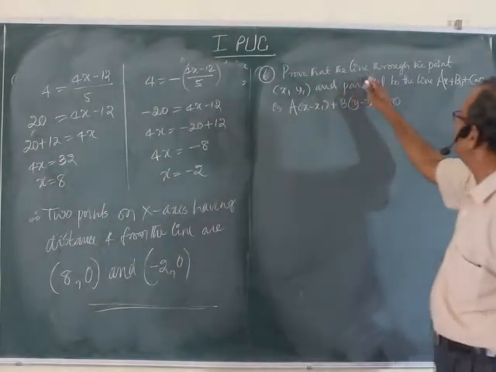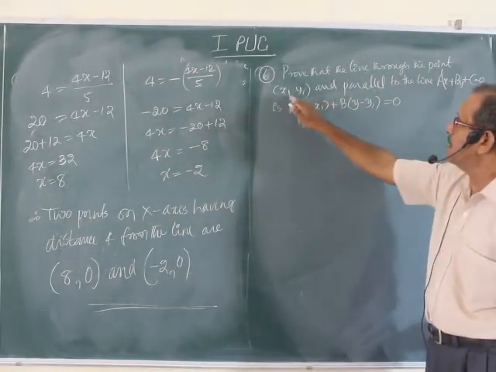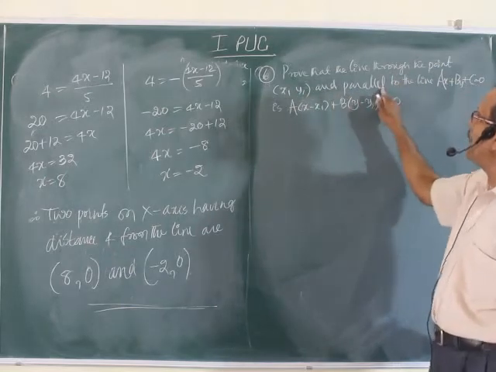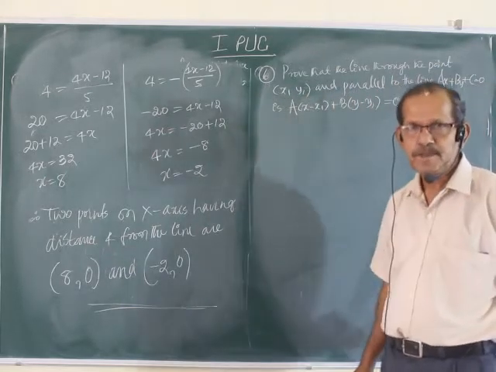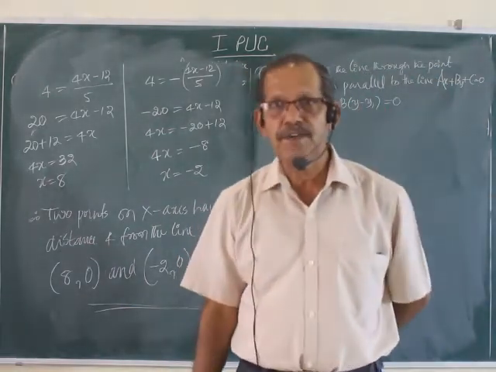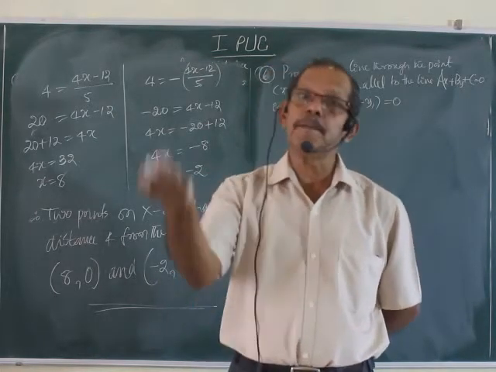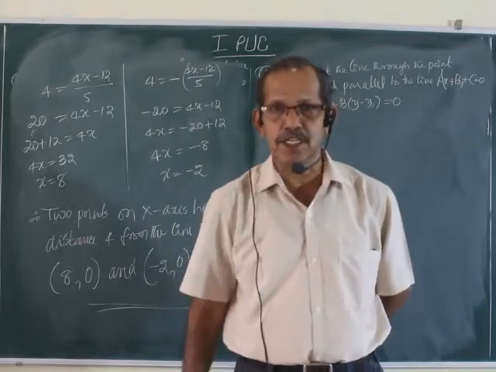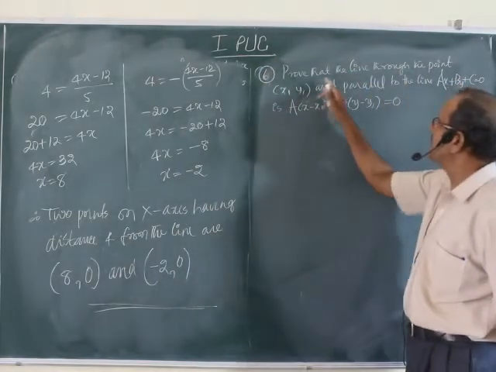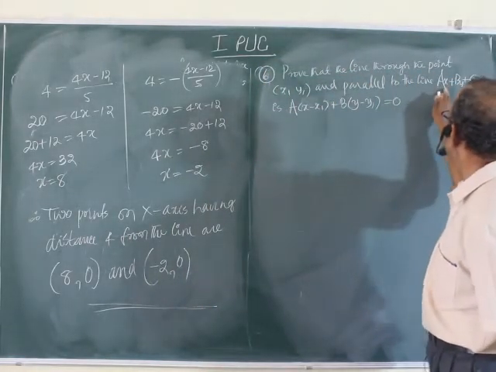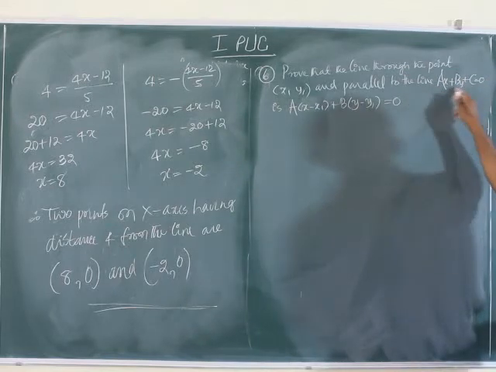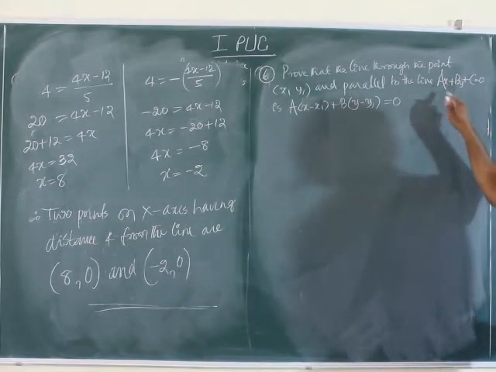See, prove that the line passing through the point (x1, y1) and parallel. You know that. Equation of any line passing through the given point but parallel to another line. See, this is the given line, ax plus by plus c equal to 0. What about the equation of the line parallel to this?